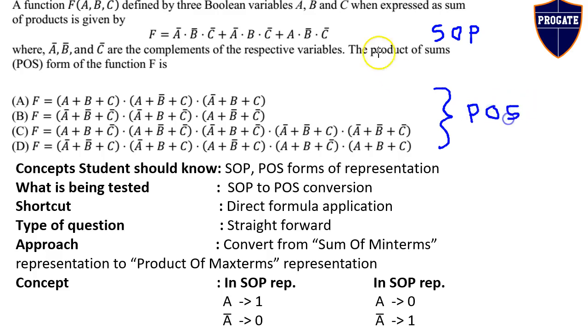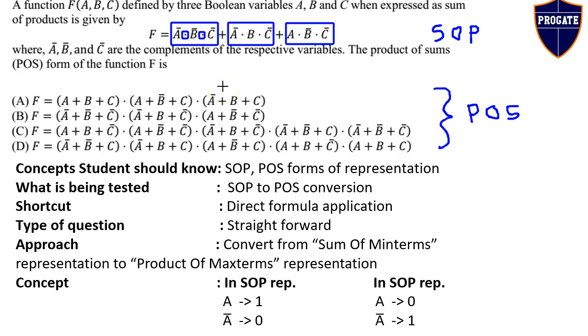In the given question the function f is a sum of three terms, and each individual term is a product of three variables.